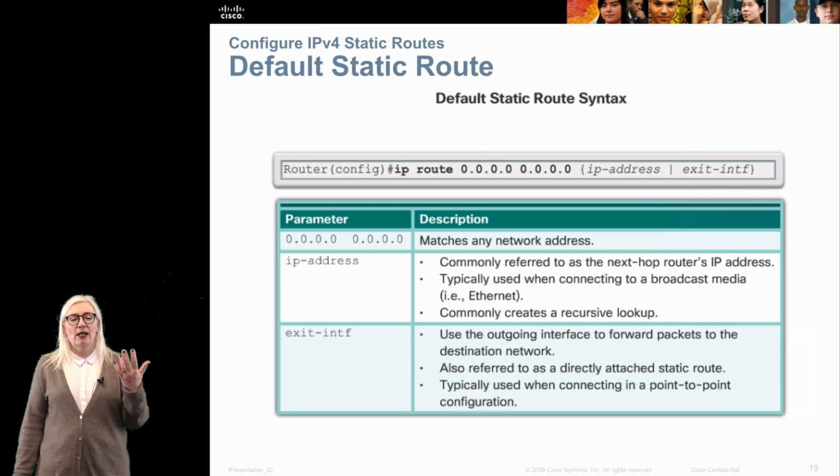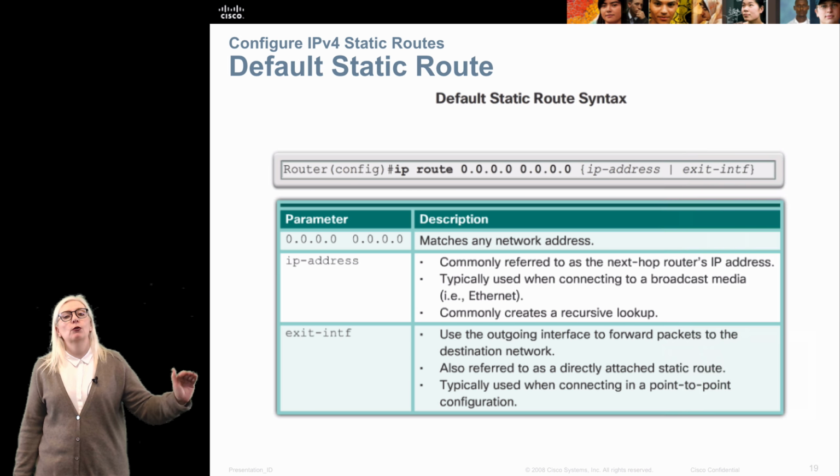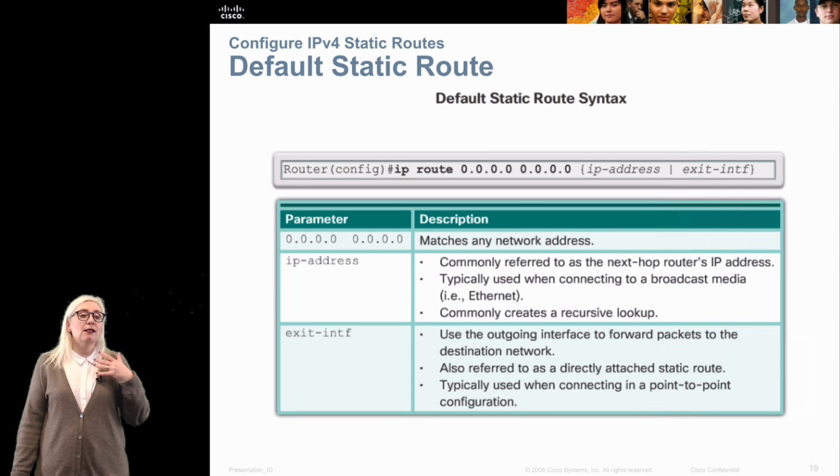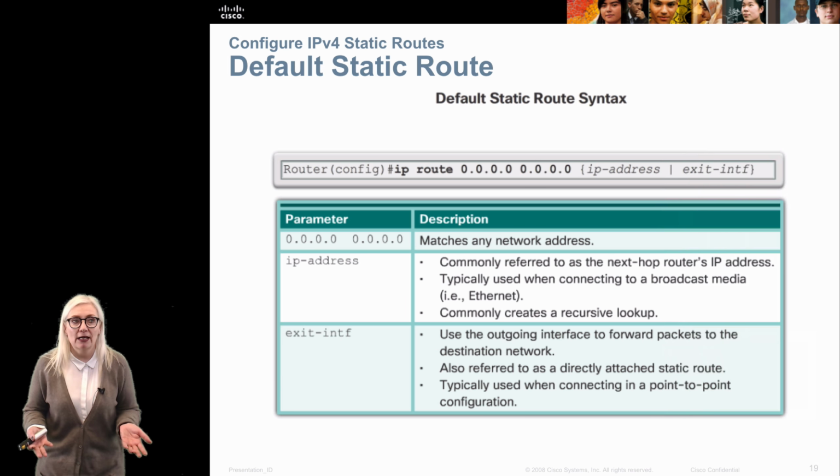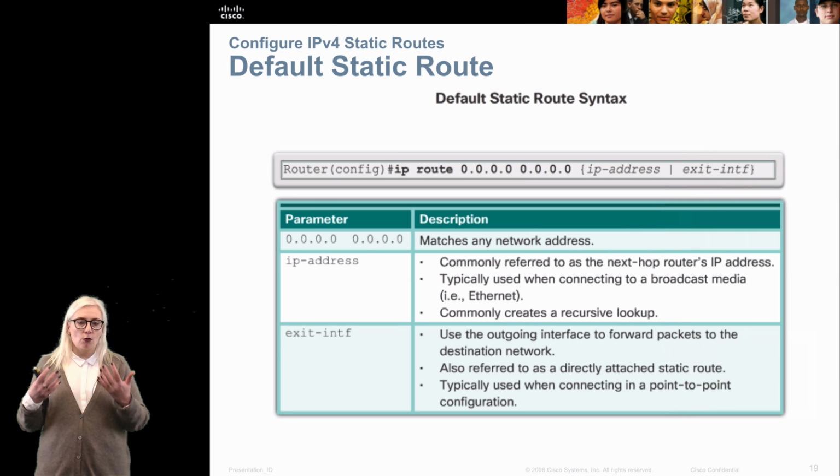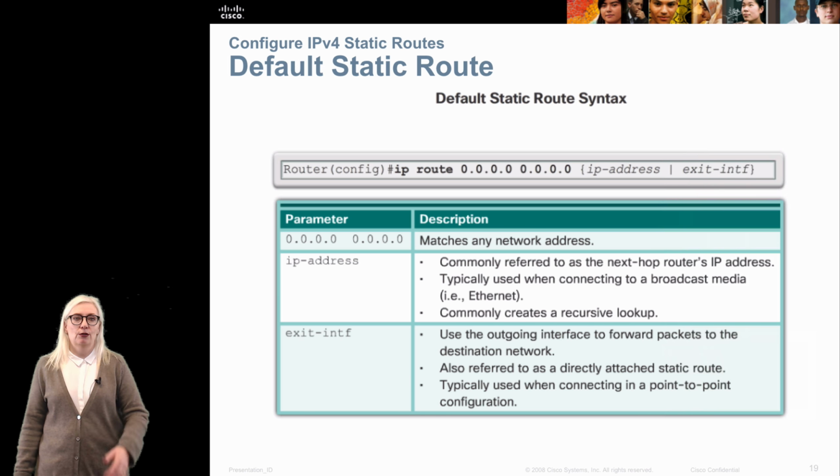When I get something into my routing table, or an IP address, and I don't find the entry in my routing table, if I have a default route, I will automatically just send it out there. If you want to have access to the internet, of course you don't know all the IP addresses available on the internet, and then you use the default static route to route traffic out to the internet.